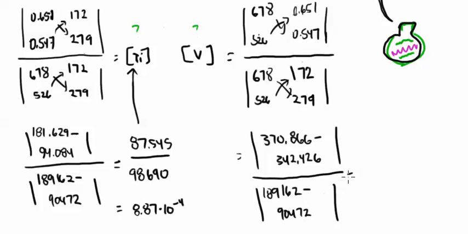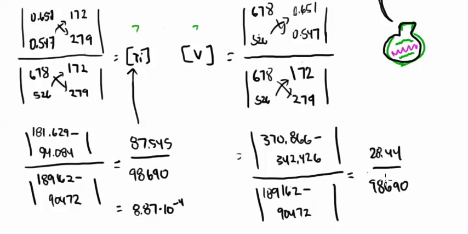So if I start plugging these numbers into the calculator, 370.866 minus 342.426 gives me 28.44. If I do 189,162 minus 90,472, I get 98,690. Notice this is the same denominator, because this part of the matrix is the same in both.